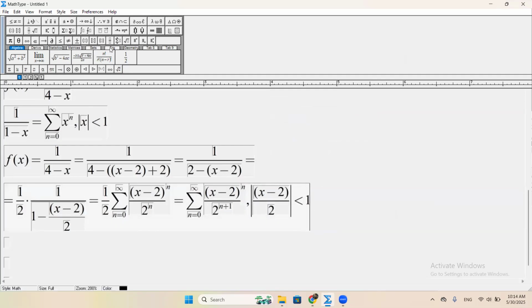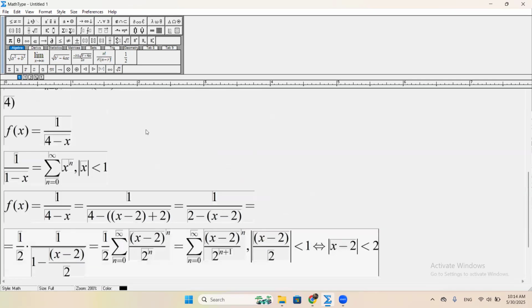Or we can also multiply by 2, and we will receive that the modulo of x minus 2 is less than 2. Any questions about this exercise? No.